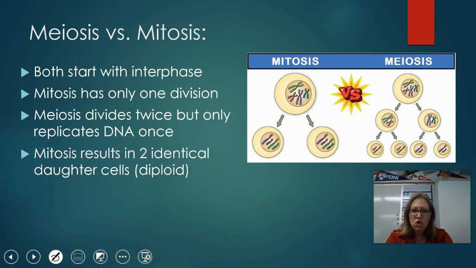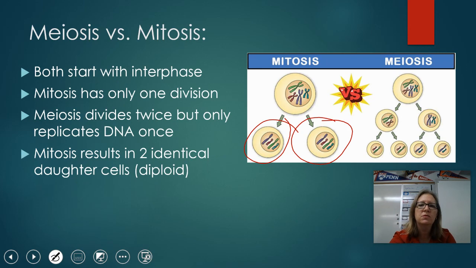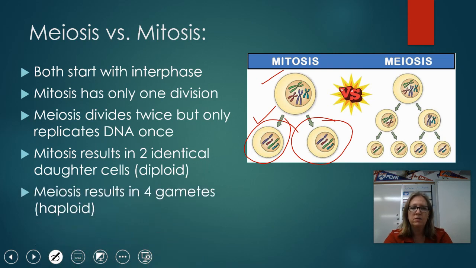Mitosis results in 2 identical daughter cells, okay? These are the identical daughter cells, and there's the same number of chromosomes in those as what you started with, okay? And those are all considered diploid cells. Whereas meiosis results in 4 haploid gametes, okay? And they only have half the number of chromosomes.